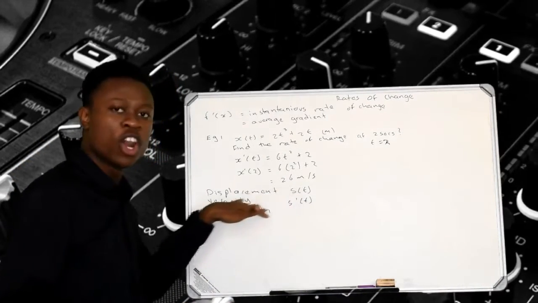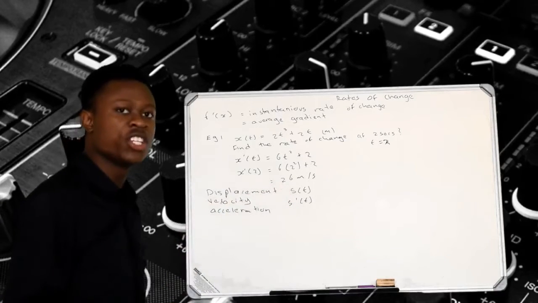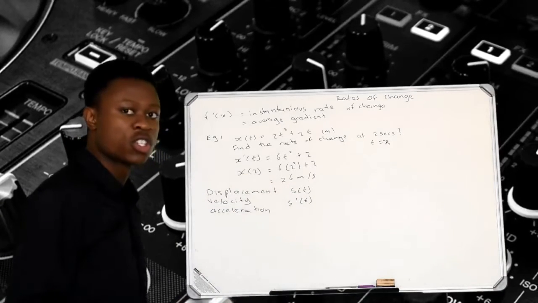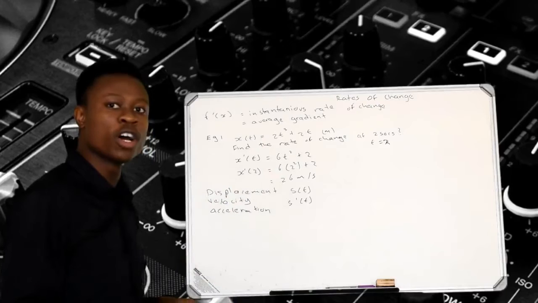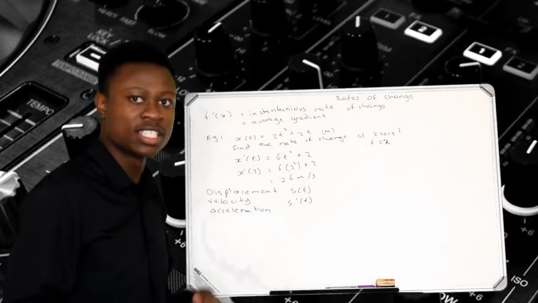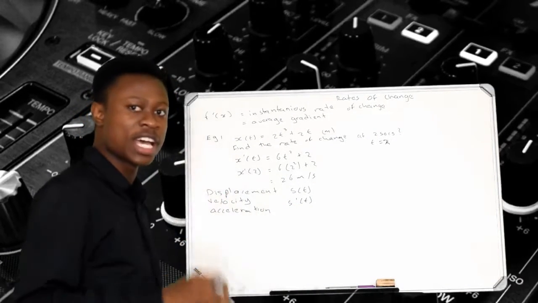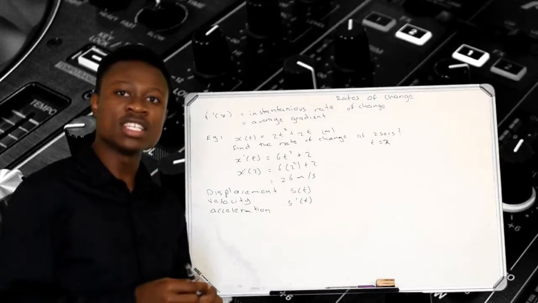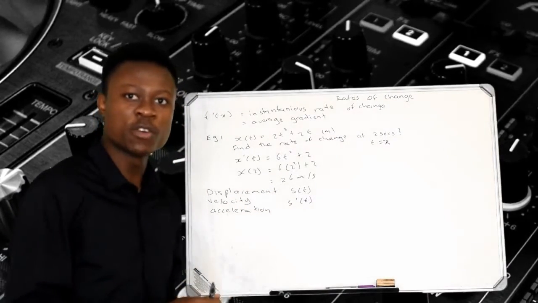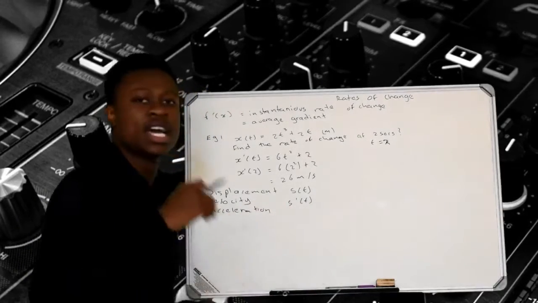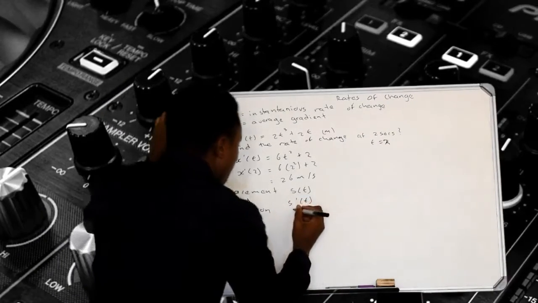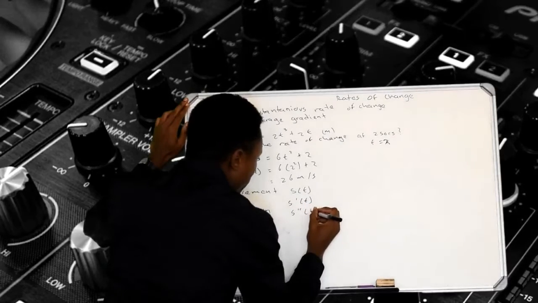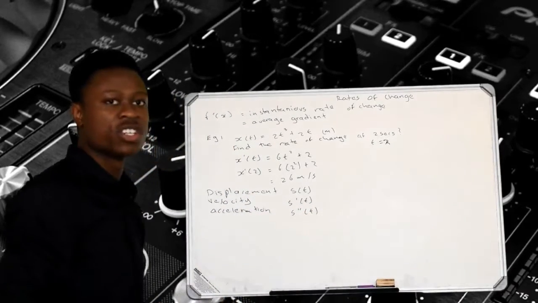Because velocity is the rate of change of displacement, S of t divided by time, distance over time, right? So acceleration would be the rate of change of velocity over time. So that's how it becomes the second derivative. So it becomes S double prime of t, and that is acceleration, right?